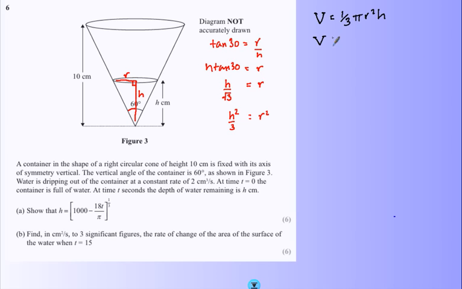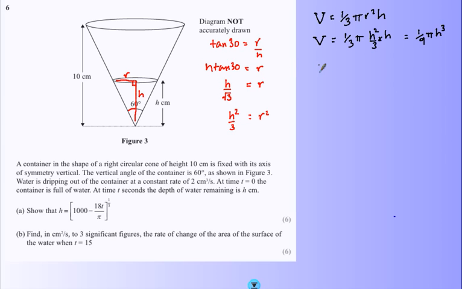So I've got a volume, it's 1/3 pi r squared, so r squared over 3 and times by h as well. So 1/9 pi h cubed. That's not so bad.